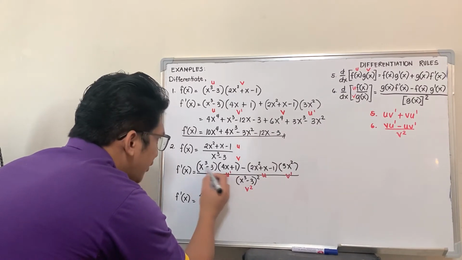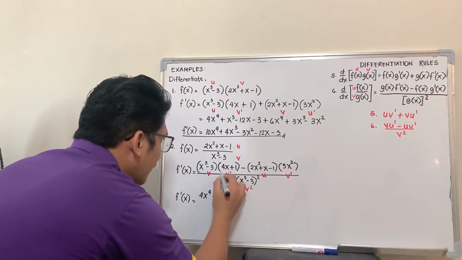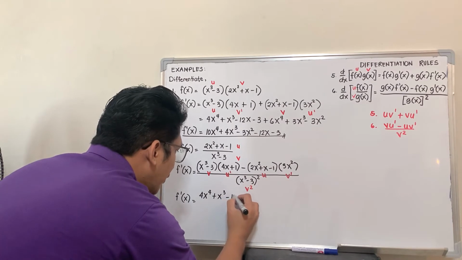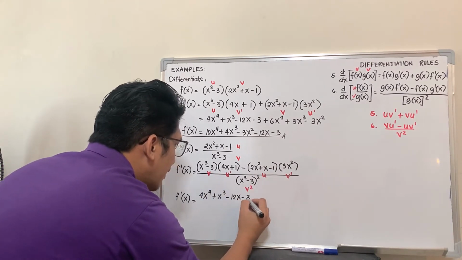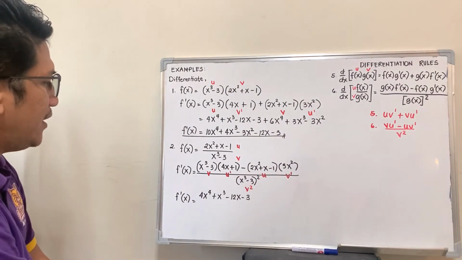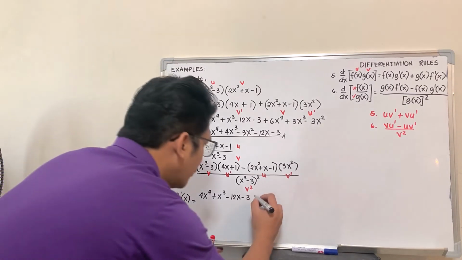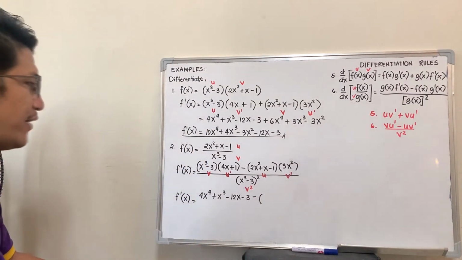Then x cubed times 1, so you have plus x cubed. Then negative 12x. Then this one, negative 3. Be extra careful here because this is subtraction, so keep the whole product in one parenthesis.